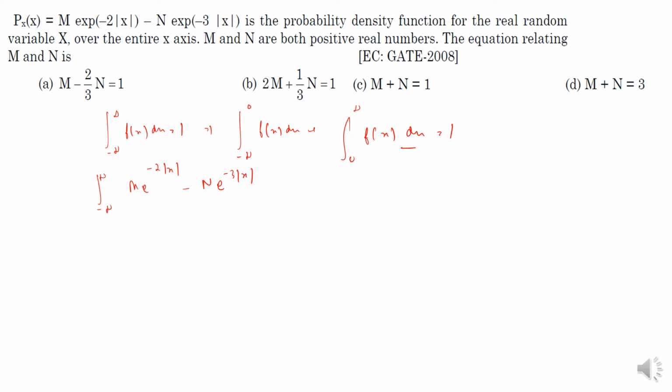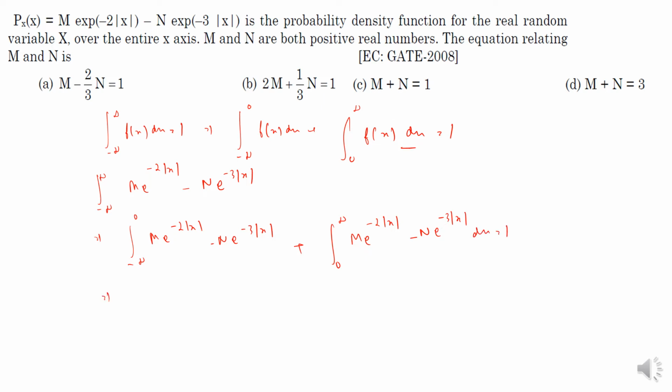If we divide it into two parts: minus infinity to 0 of m e power minus 2 mod x minus n e power minus 3 mod x, plus 0 to infinity of m e power minus 2 mod x minus n e power minus 3 mod x dx is equal to 1.